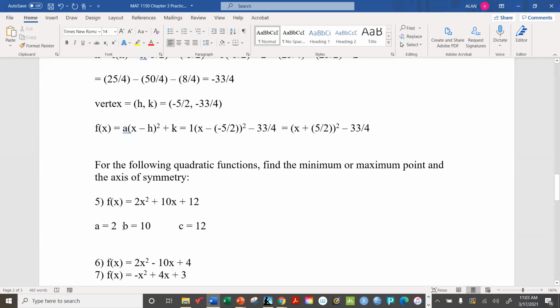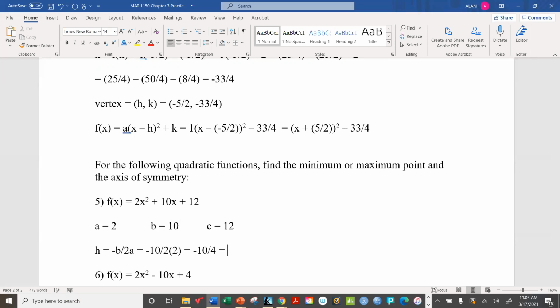All right, so remember H is negative B over 2A. And then K is F of H, or F of negative 5/2. So we'll have 2 times minus 5/2 squared plus 10 times negative 5/2.